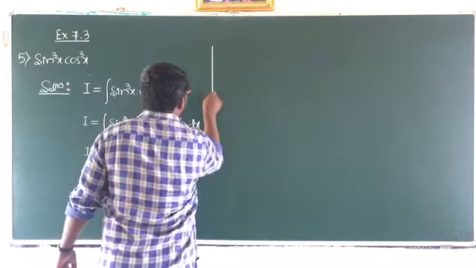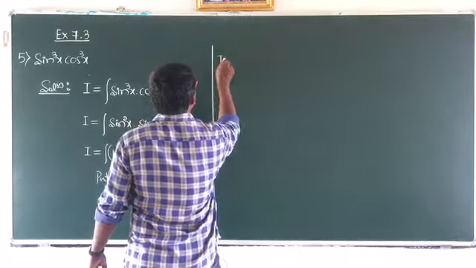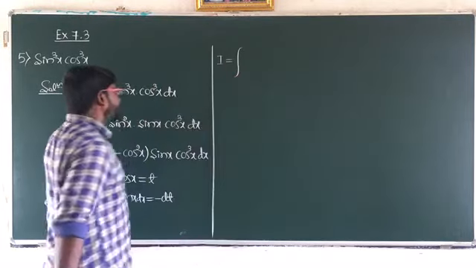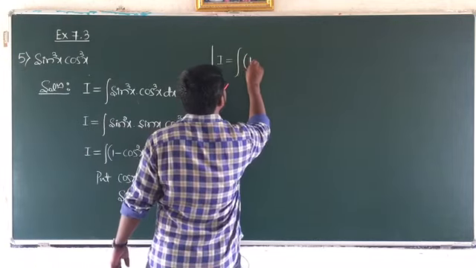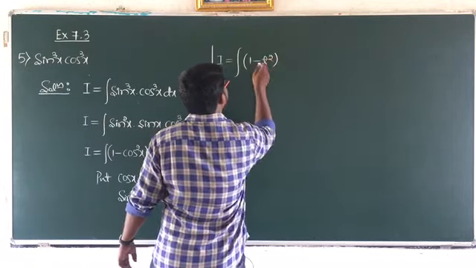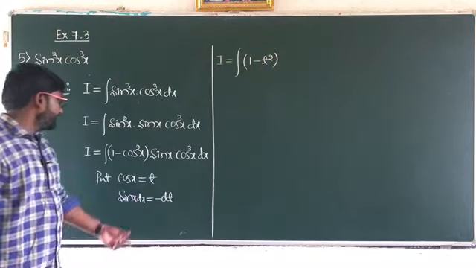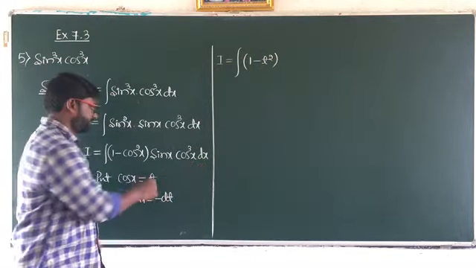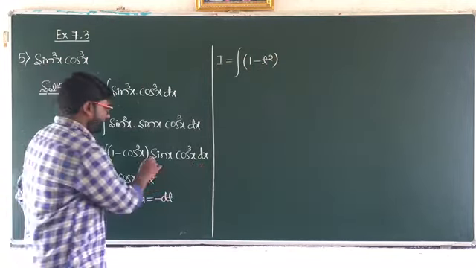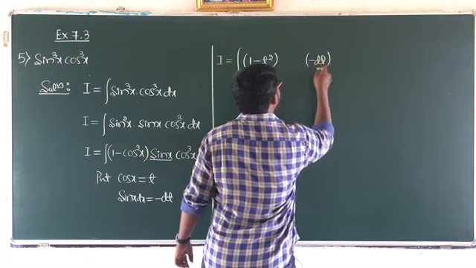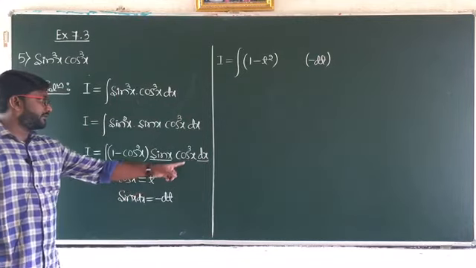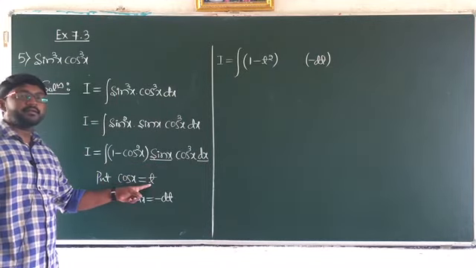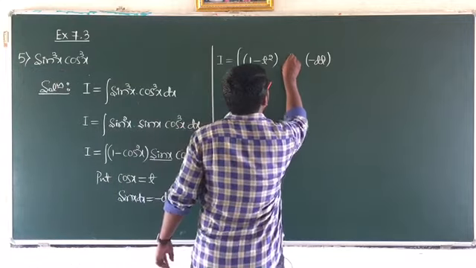So now rewrite the integral I, which is equal to integral 1 minus t square and then sin x dx. So this term we have to replace, it is minus dt, and then cos cube x is nothing but t cube. So I write t cube here.